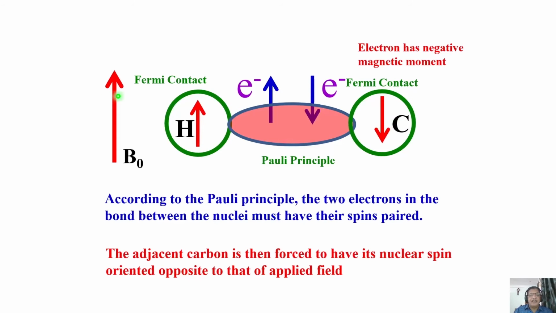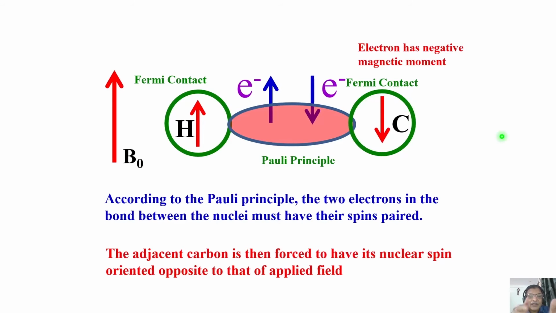Please understand the concept now. I took initially the proton to be in the direction of the field. First Fermi contact, then the Pauli principle of electrons getting paired, then again this electron having Fermi contact with this carbon. Finally, this proton forces this carbon in a direction oriented opposite to this field.